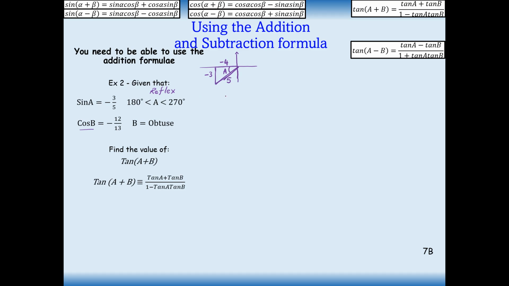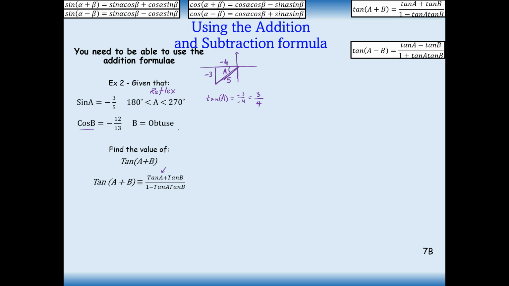Why am I drawing this? Because somehow we need to figure out what tan of A is. Reading tan of A from this picture, tan is opposite over adjacent, and negative 3 over negative 4 will simplify to positive.